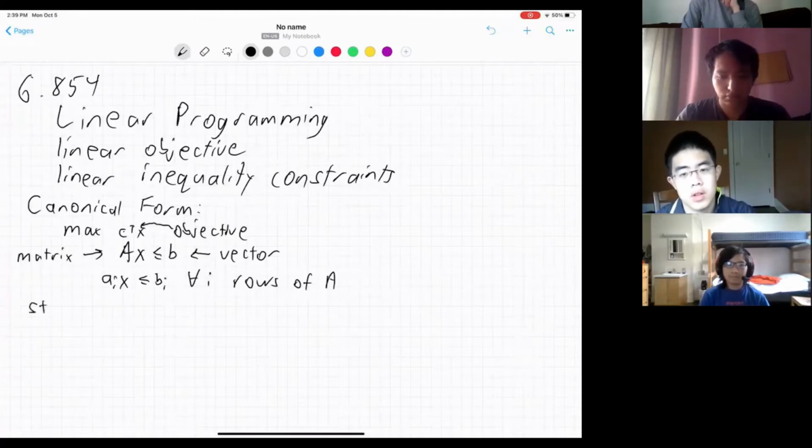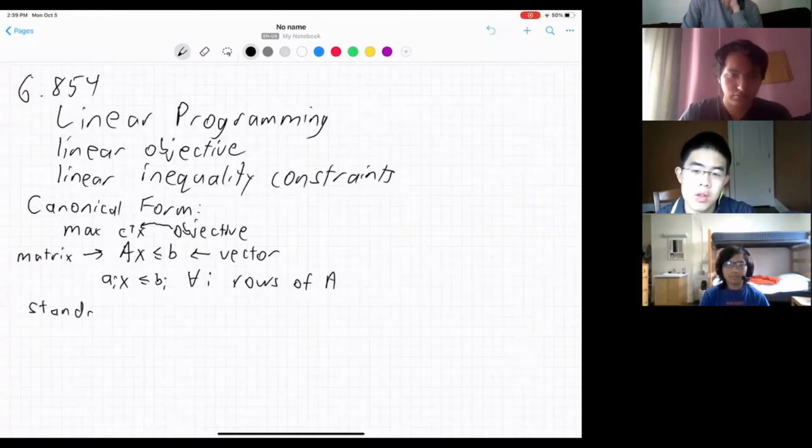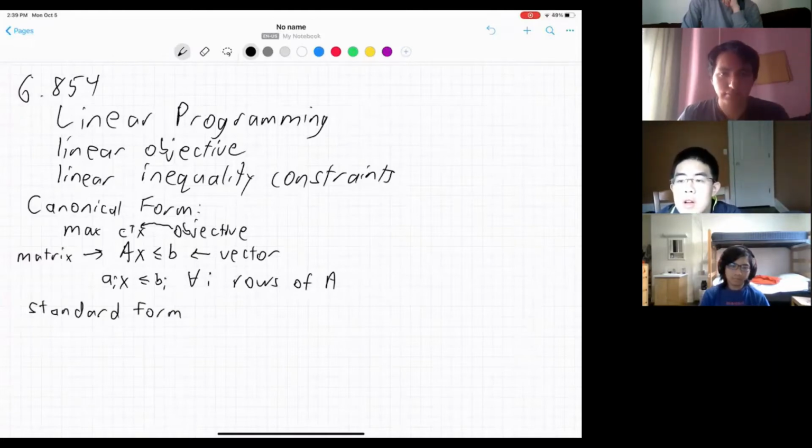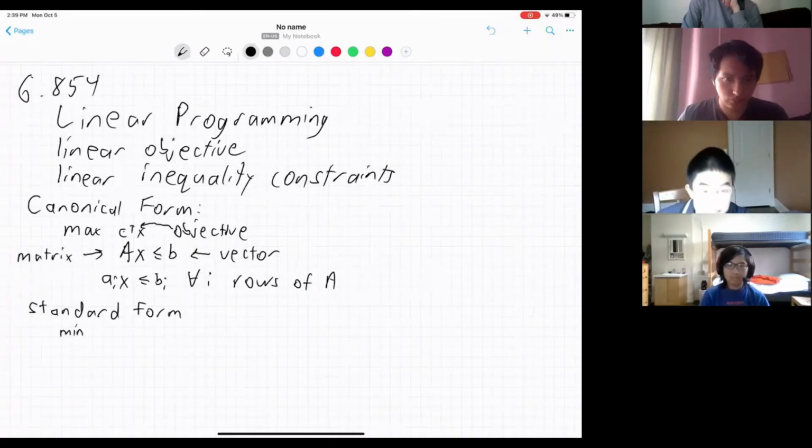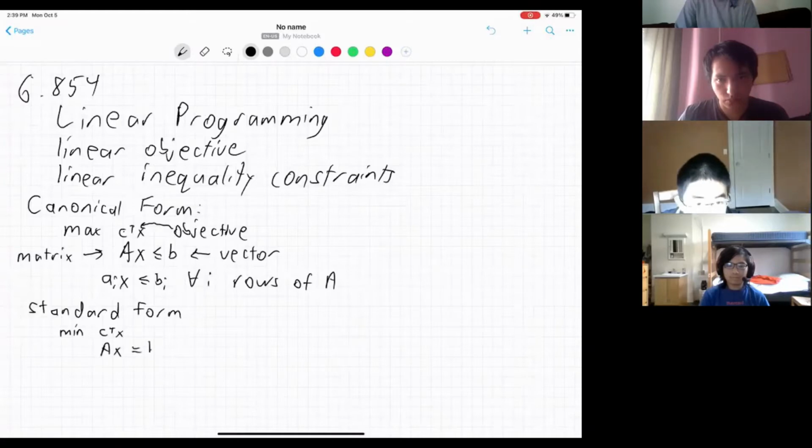Now, I also introduced you to the standard form, which is written out as a minimization problem. With equality constraints in the matrix, along with non-negativity constraints on the variables.